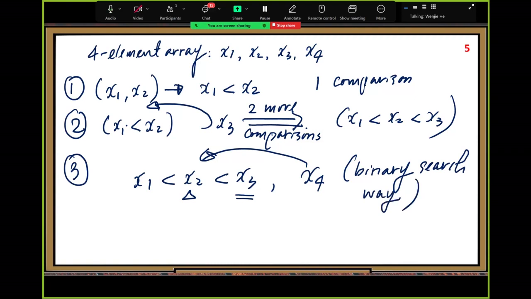Then there are 2 possibilities, and you need just one more comparison, with either x1 or x3. So step 3 needs 2 more.